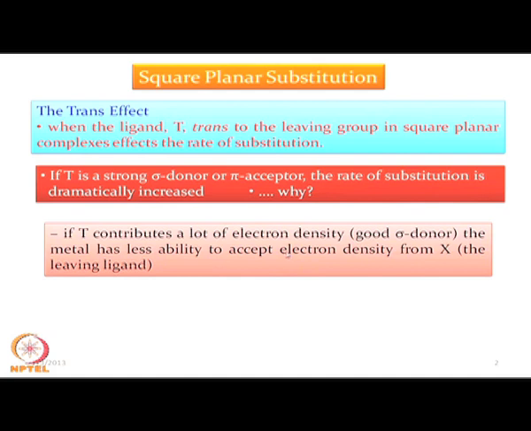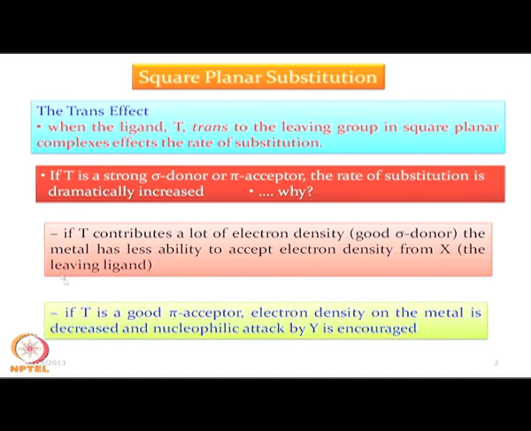As a result, the metal will engage to a lesser extent with the electron density available from X, which is going out from the metal center. So, X can nicely go out due to the higher trans effect of the ligand attached to the metal center. So, this is for the sigma donation ability. In a similar fashion, the pi acceptance is also contributing a lot to the lability of these ligands.